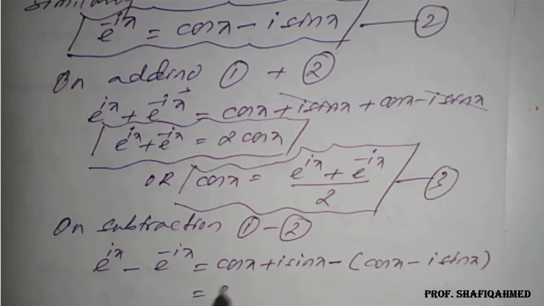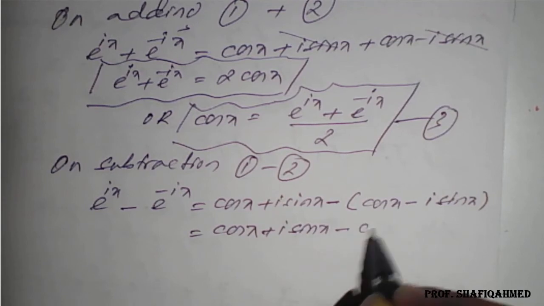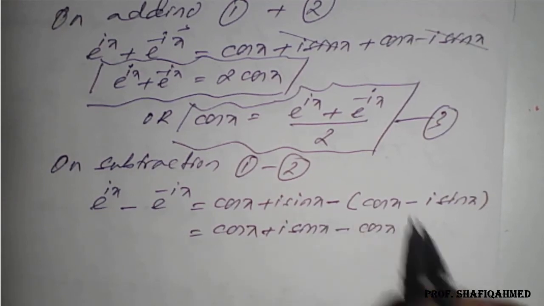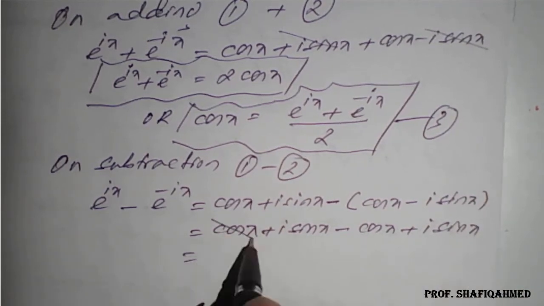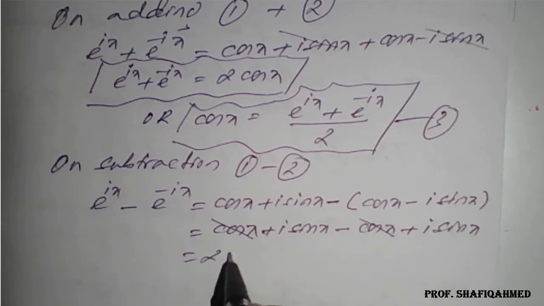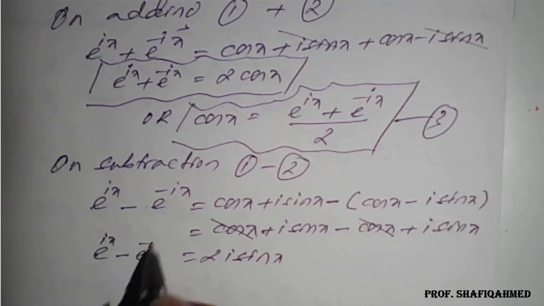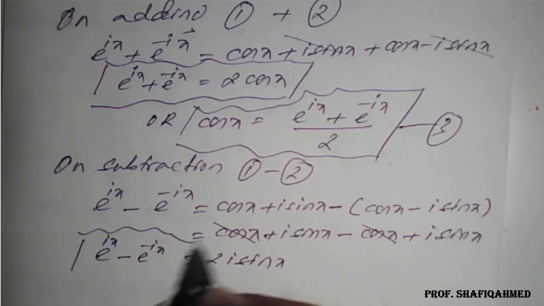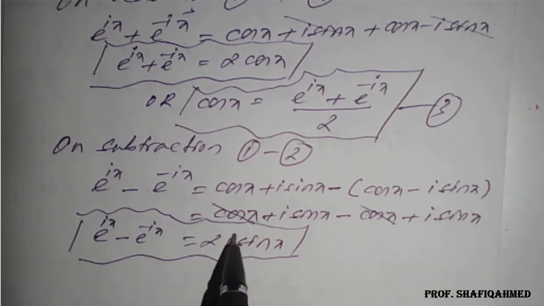So on simplification, cos of x plus I times sine of x minus cos x, open the bracket, minus minus plus I times sine x. So on simplification, cos x minus cos x cancel, and we get 2 times I sin x. So you have to remember one more result here: e raised to ix minus e raised to minus ix equals 2 I sin x.